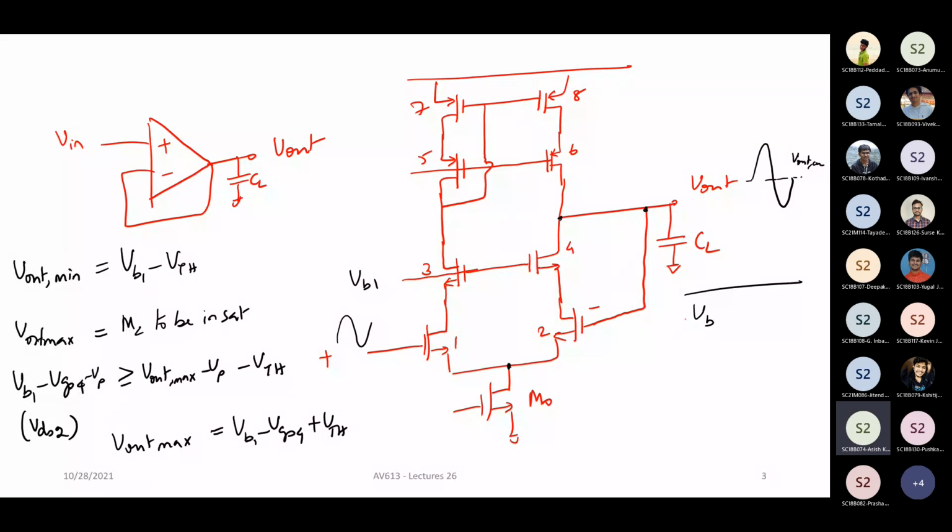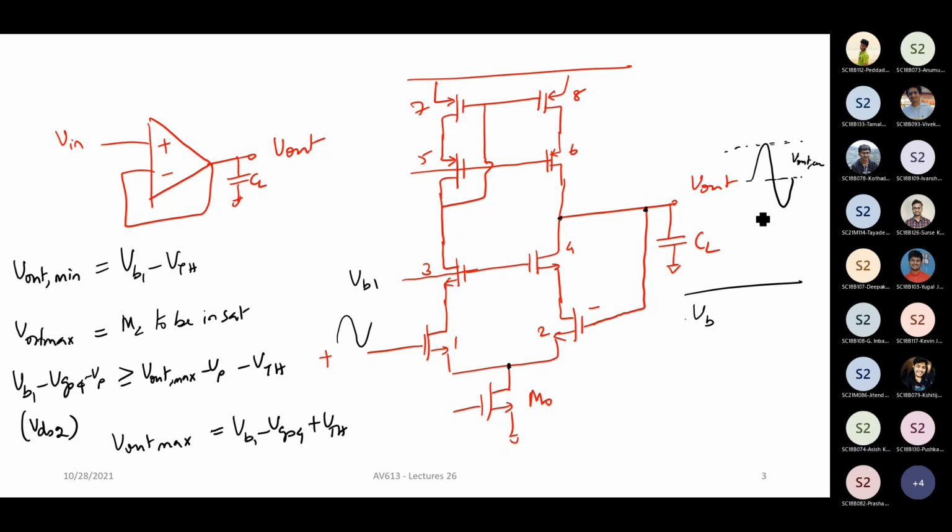Okay, sir. Fine. What we did was we looked at the output common mode voltage range, and we also said that turns out to be the range of your output voltage swing, right? For example, let us say this is your V out max. You can have your common mode voltage at this point also and still have everything in saturation. Only thing, the swing limits now become very poor, right?